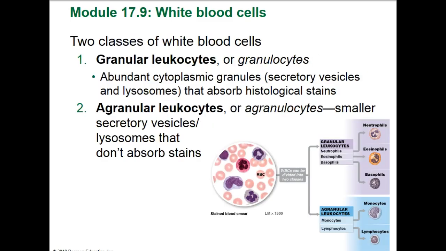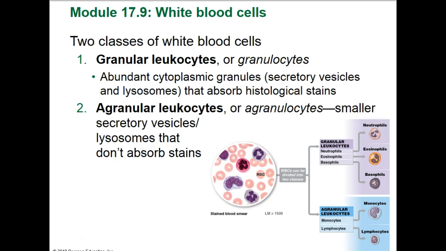Okay, again, we have 2 classes of white blood cells, either the granulocytes or agranulocytes. The granulocytes have lots of cytoplasmic granules, and what these really are are secretory vesicles and lysosomes. You might remember from 168 that they are different types of vesicles that either will have some kind of digestive enzyme in them, or in the case of secretory vesicles, their purpose is going to be to release something out of the membrane.